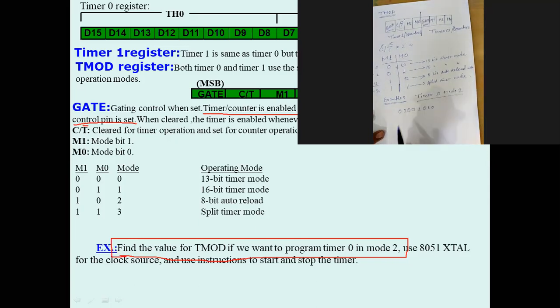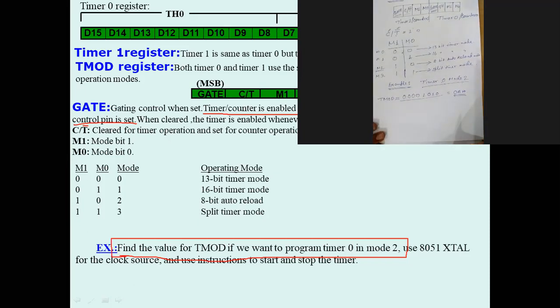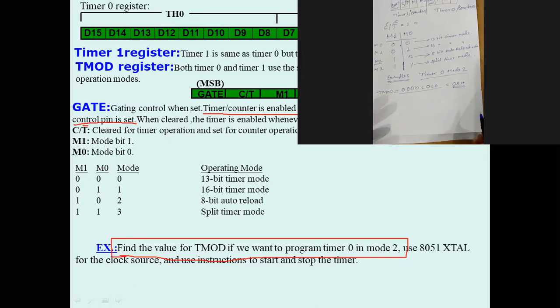The content of this particular TMOD register will be converted to a hexadecimal number, so it will come like 0AH. Understood or not? So the content of TMOD will be 0AH. If you have any query, then ask me.